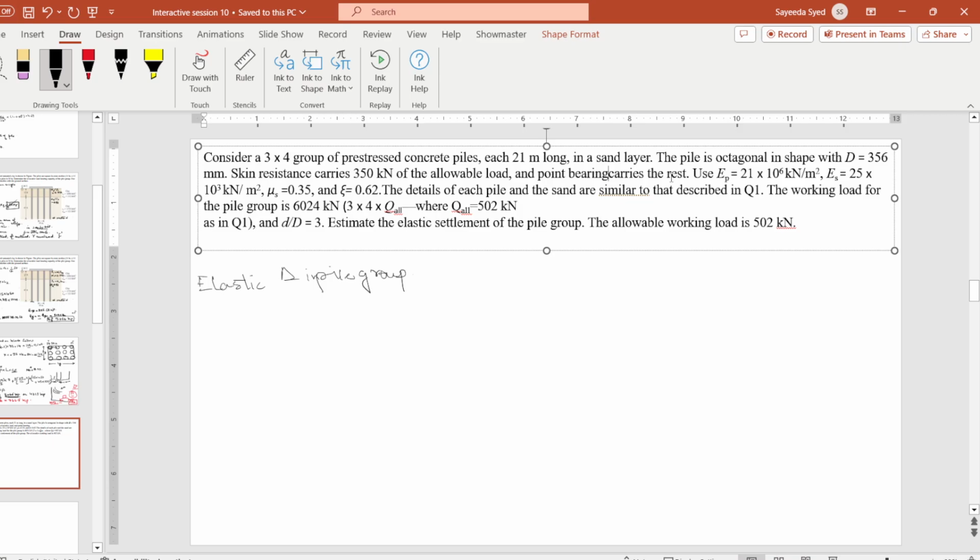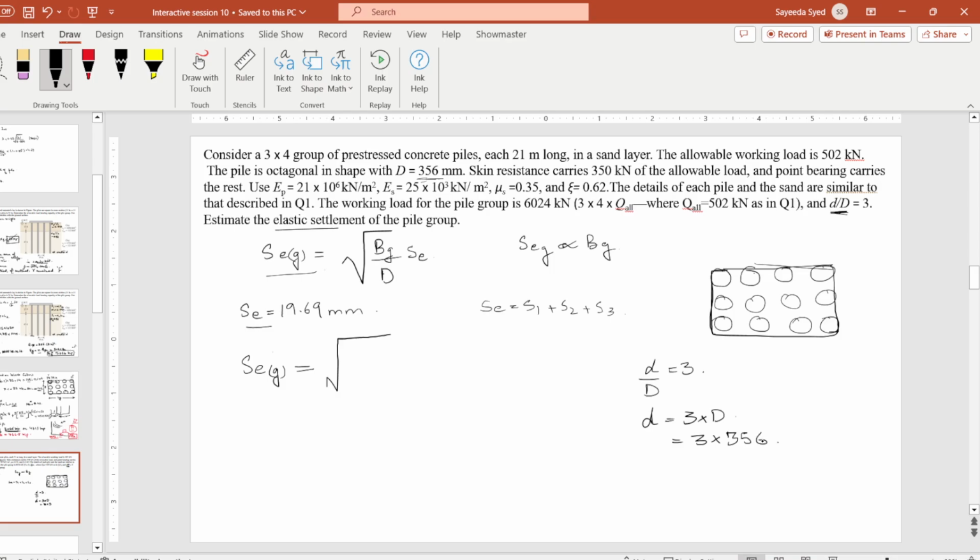D by D is 3, and we know the D. So we will get D equals 3 into D equals 3 into 356. Let's calculate this. This is equivalent to 1068 mm.